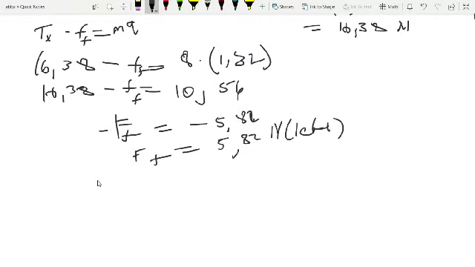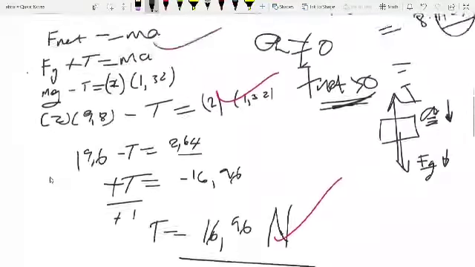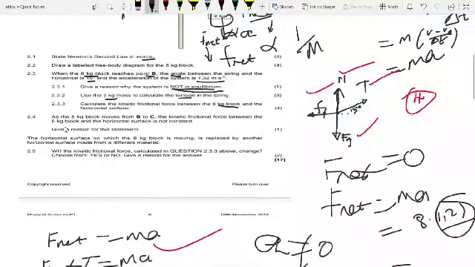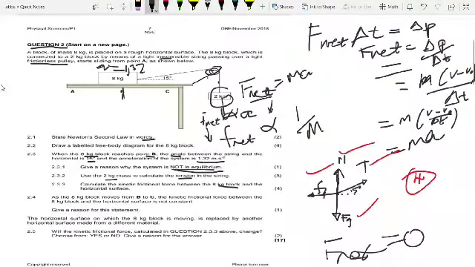Now let's go to 2.4. What does the question say there? As the 8 kg block moves from point B to C, the kinetic frictional force between the horizontal block is not constant. Give a reason. It will not be constant. Why? Because the normal force changes, or rather the normal force decreases, right?